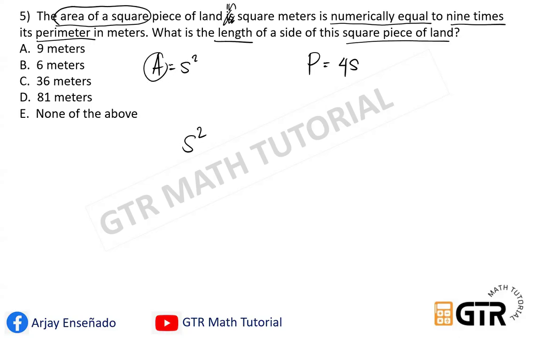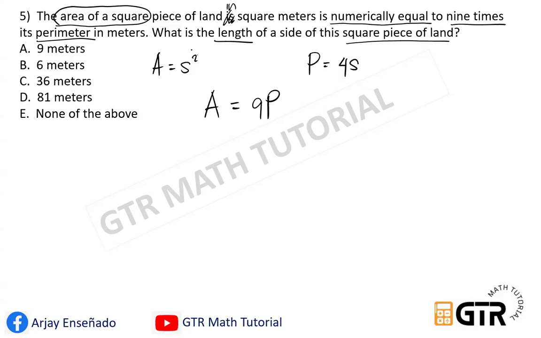So the equation: the area, in square meters, is numerically equal, so that is an equal sign, to 9 times its perimeter. So we have 9P. Now we substitute the formula.